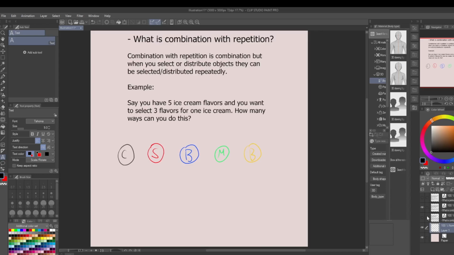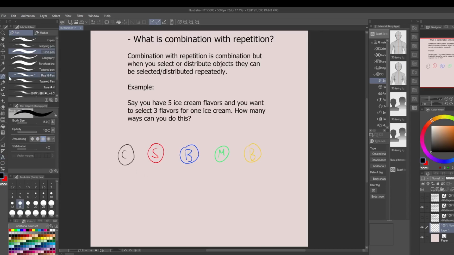So how can we identify that this is a combination with repetition problem? First, we can identify that this is combination because the question doesn't state that there needs to be an order between the flavors. And to identify if this is repetition, I can have a chocolate flavor, a strawberry flavor, and a blueberry flavor, but I can also have 3 chocolate flavors.